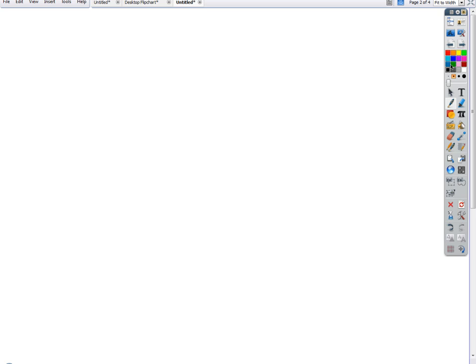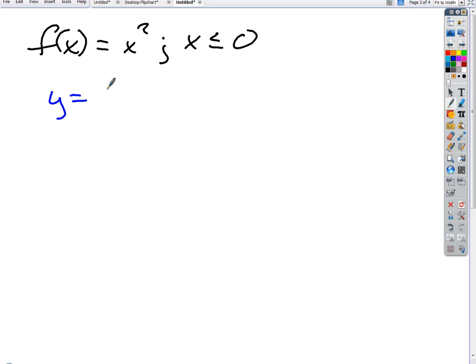If I knew that my original function were f of x equals x squared on the interval x is less than or equal to 0, we can play the same game we were playing before when we solved for the inverse. We're just going to swap the x's and y's, right? So we'll write this in terms of y. y equals x squared, but I have to include that restriction, x is less than or equal to 0. Now when I flip the x's and y's, what do I end up with?